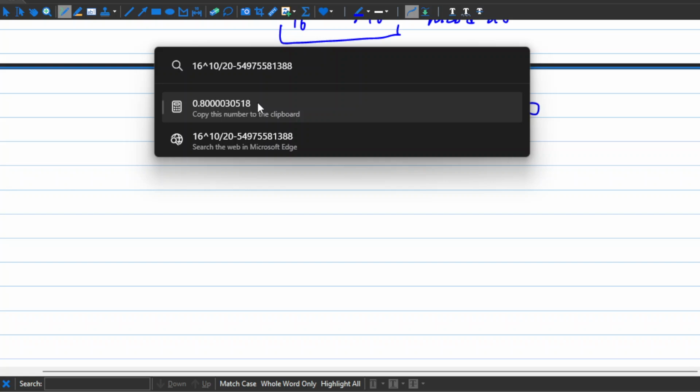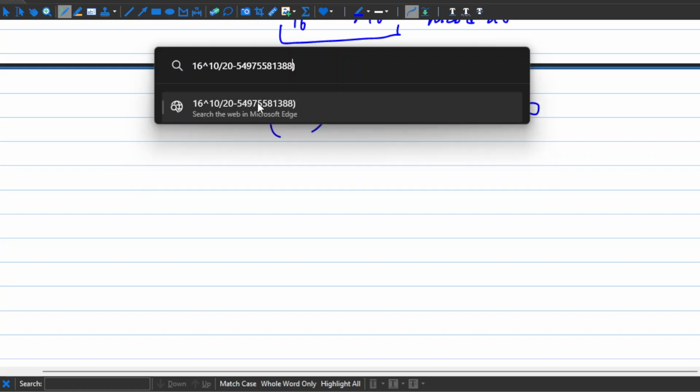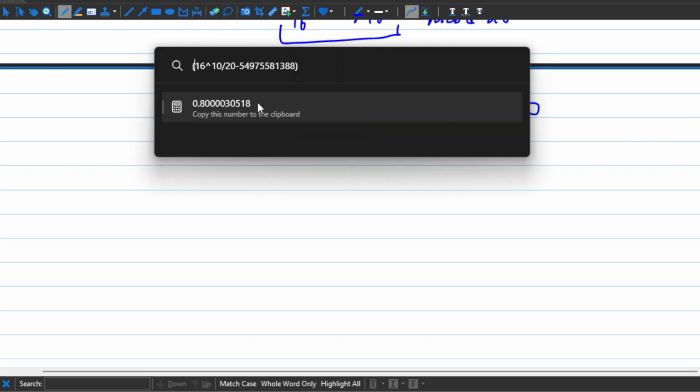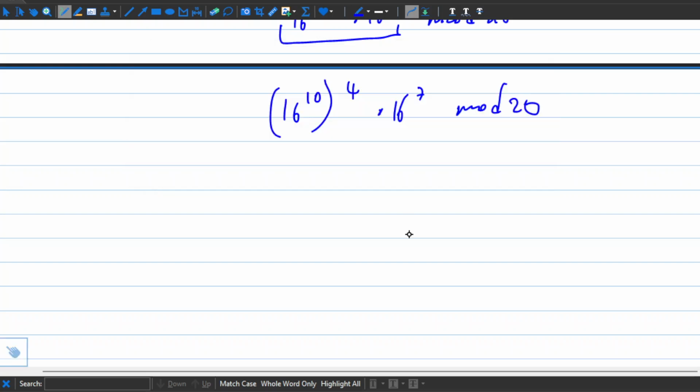So it gives me that. So times mod 20, it gives me 16. I'll write my 16 down here. So it still gives me 16.